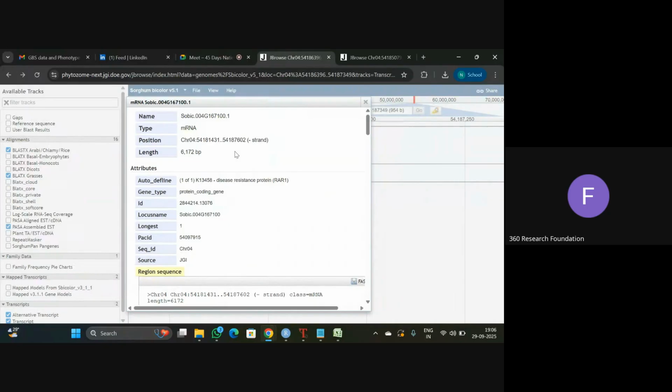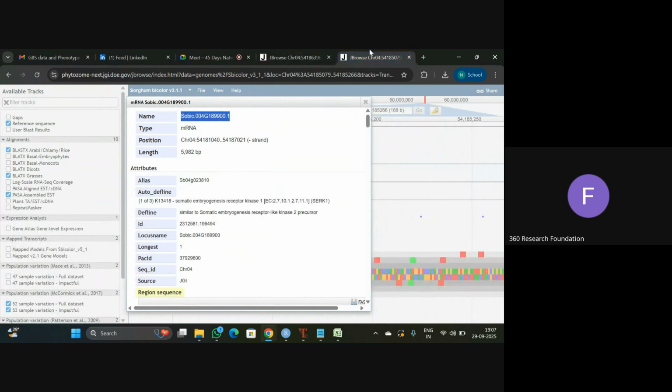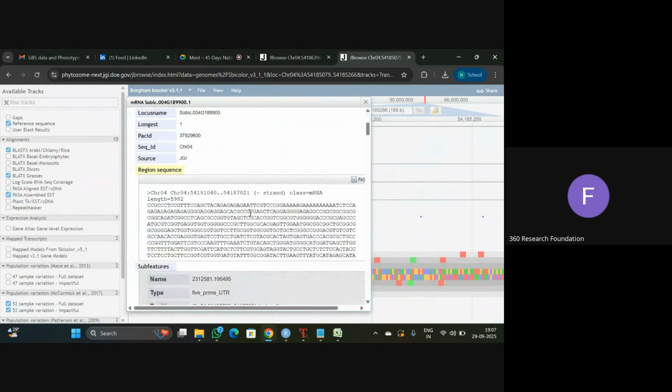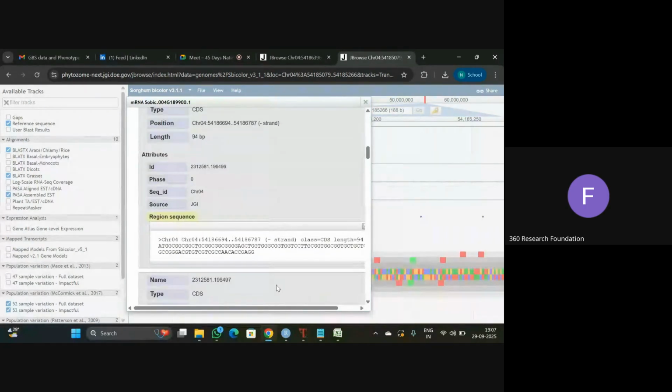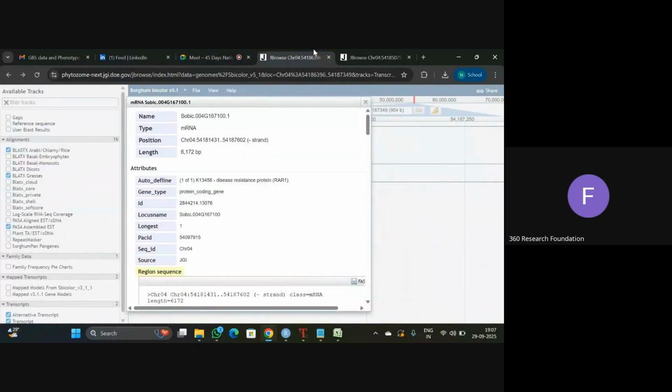This 5.1 was recently released in 2023, and 3.1.1 was released in 2017. So this marker is available in both the assemblies. Though the gene ID is different, it is available in both.